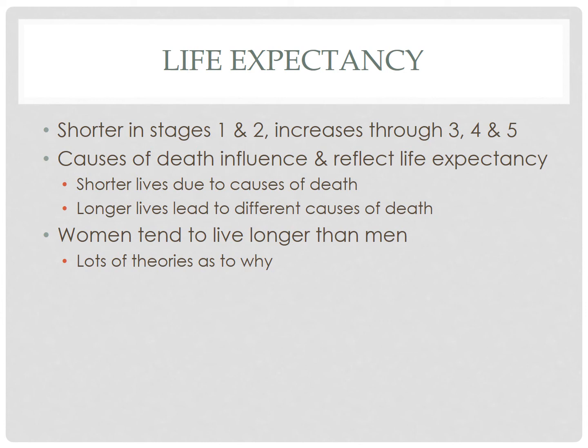It's important to understand that when you have a shorter life, the body doesn't degenerate as much. There's not as much time for the body to break down from all of those choices that accumulate over time. Whereas in stages 3, 4, and 5, people are living longer. And so the body starts to break down.